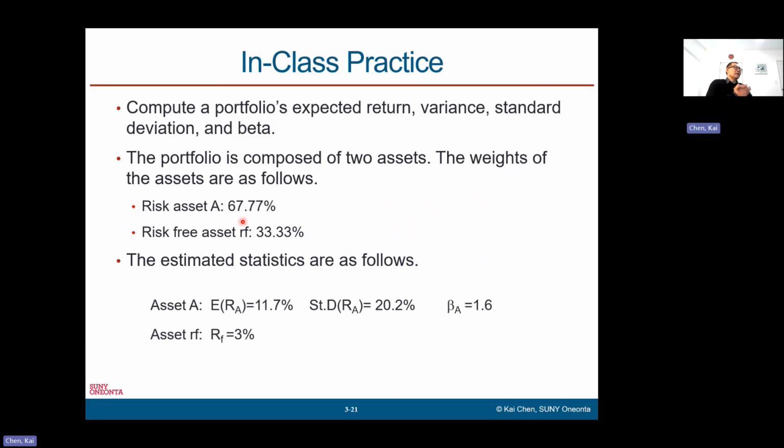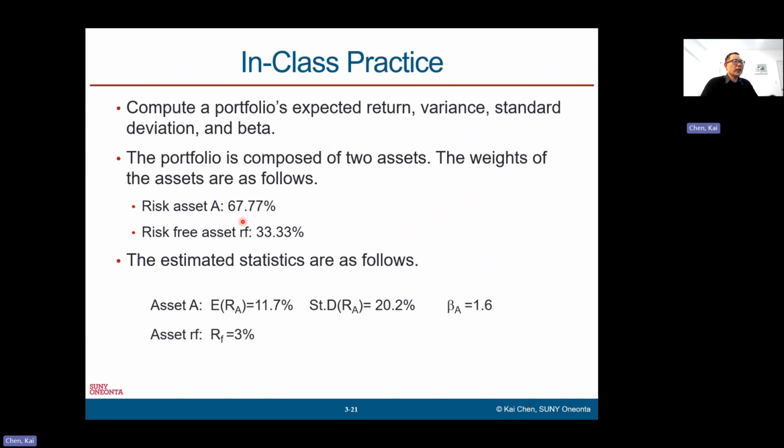Now, in this topic, we have learned how to calculate the expected return of a portfolio, the variance of the portfolio, and the beta of a portfolio, if we know the weights of a portfolio as well as some statistics.